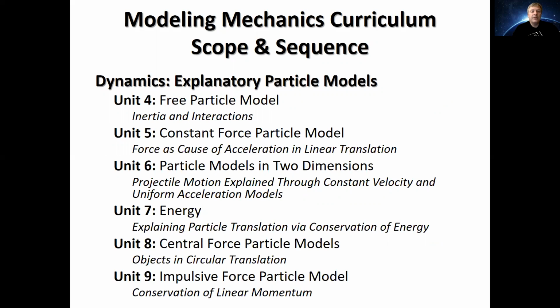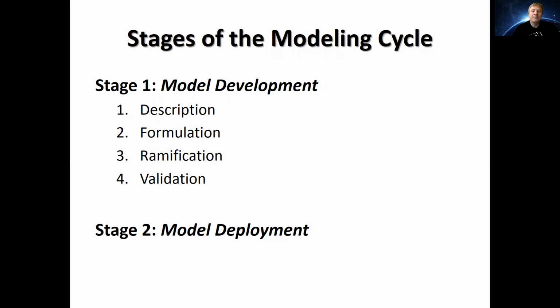We then go into a basic force model and then deployment of that force model in a couple of different circumstances, including in Unit 6 in two-dimensional settings. Then towards the end of the curriculum, we explore energy and then circular motion, uniform circular motion, momentum later in Unit 9, okay?